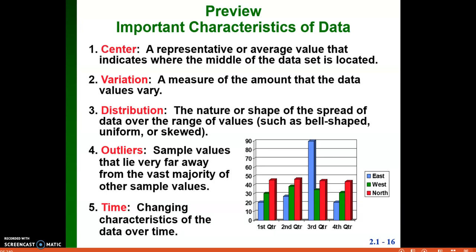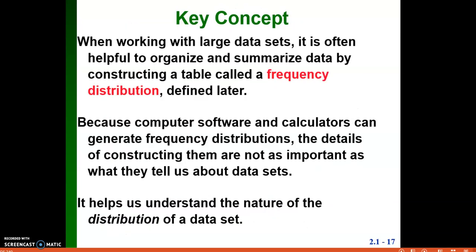Time. Of course, time is a very important part when it comes to data. So over time, you have to study what happened to the data. The key concept: when working with a large data set, it is often helpful to organize and summarize data by constructing a table called a frequency distribution.